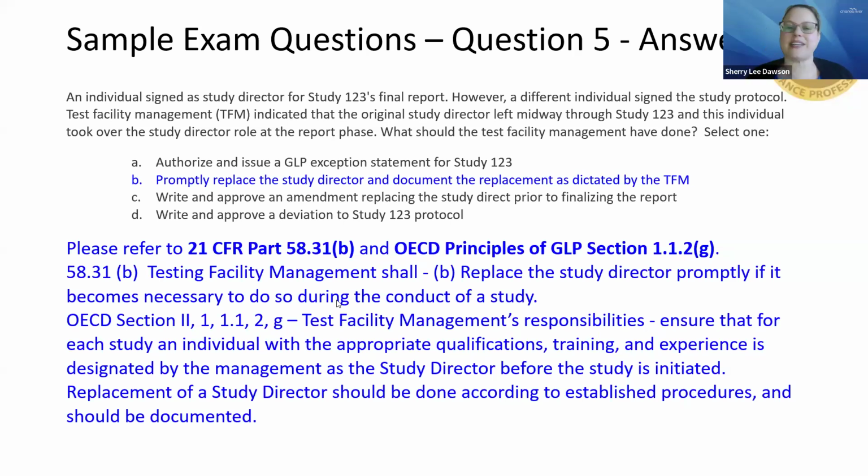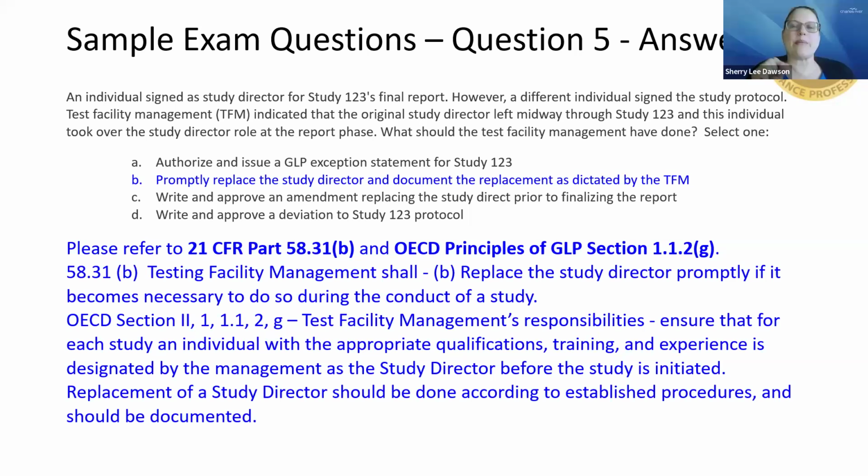Again, it's nice to see we had one that was really clearly obvious, where there could have been not misinterpretations, but like you really had to write and approve an amendment. Well, TFM doesn't usually write the amendments, right? Write and approve a deviation. Well, TFM doesn't usually approve and authorize a GLP exception for a study. That's the study director's responsibility.